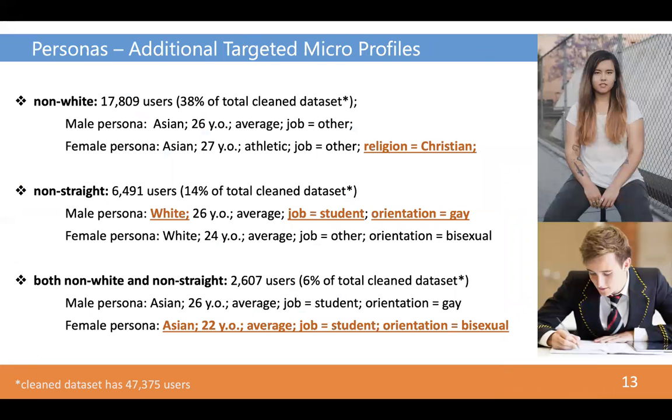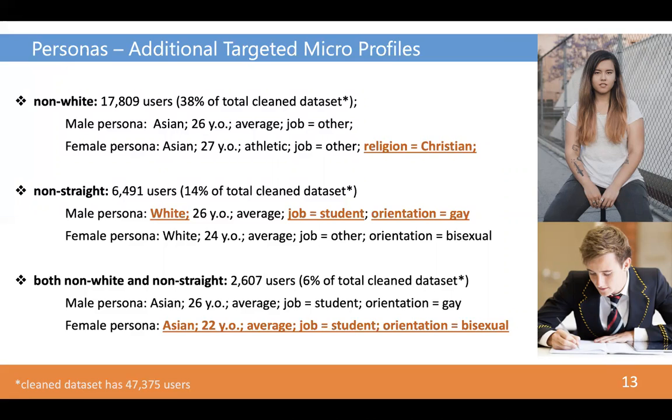Now, all that to say, we had to do personas for other groups. So we decided to do a non-white persona, where it is interesting that the female non-white persona is Christian as a religion. The non-straight user persona, the male one is white and is a student, and his orientation is gay, whereas the female persona is bisexual as orientation, and she's on average 24 years old.